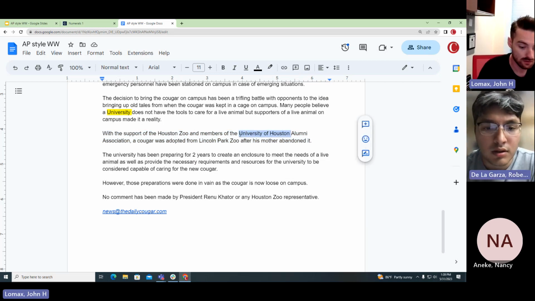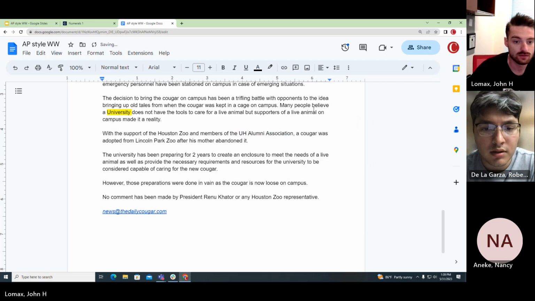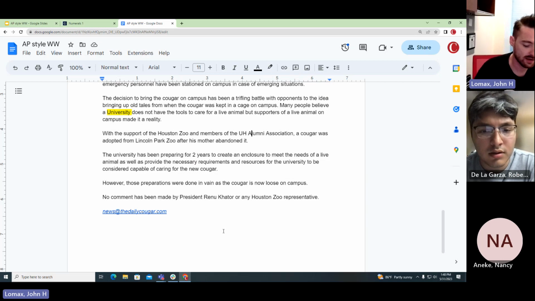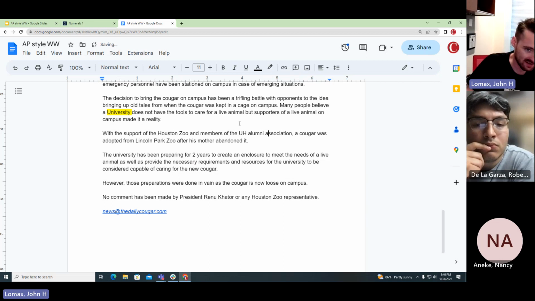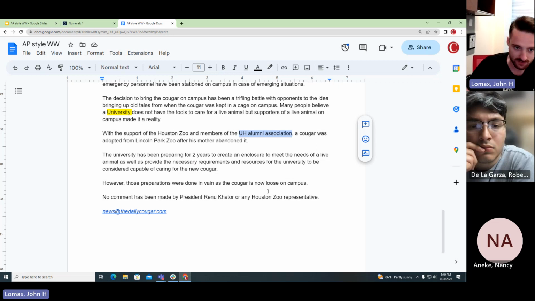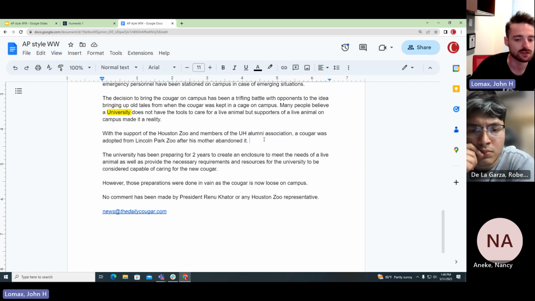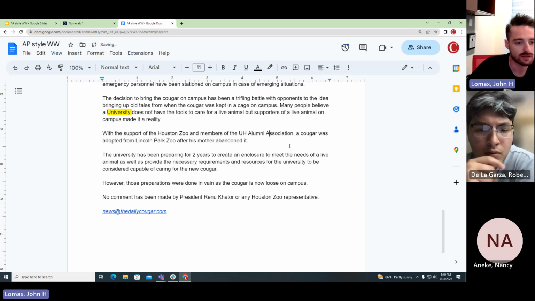Let's see. "UH association." This would depend on whether it's a title or not. I might just do lowercase on that. If it is just called the UH Alumni Association, then maybe capitalize it. But I actually think it is called the UH Alumni Association. Capitalizing this would be correct. And so yeah, I think this sentence is pretty much solid.